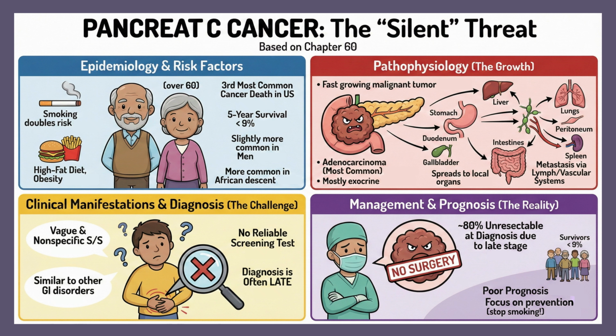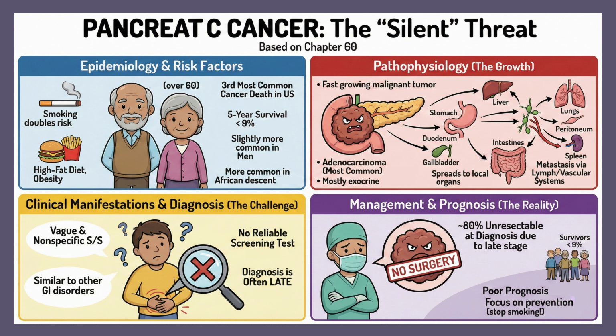Cigarette smoking significantly increases the risk, doubling it compared to non-smokers, and it is considered a leading preventable cause. Other risk factors include obesity, diet high in fat, consumption of red meat, fried foods, refined sugar, and nitrates.